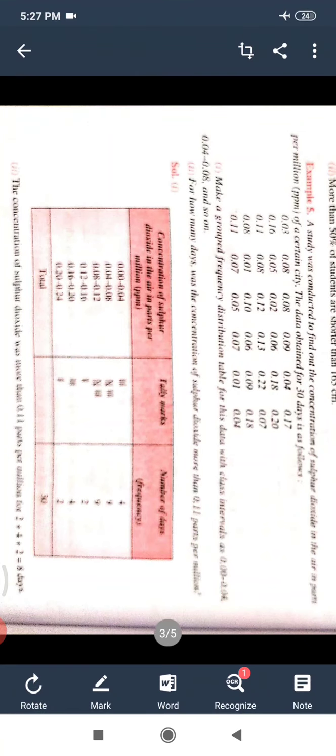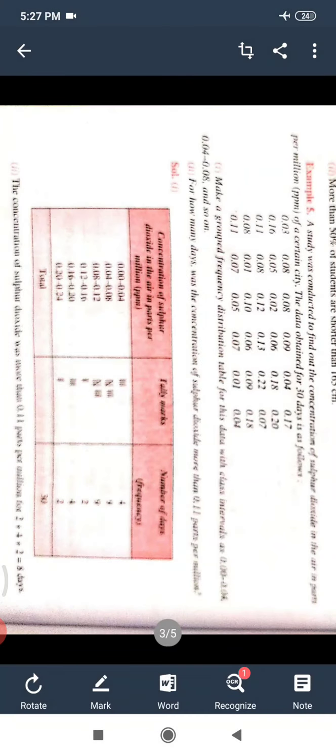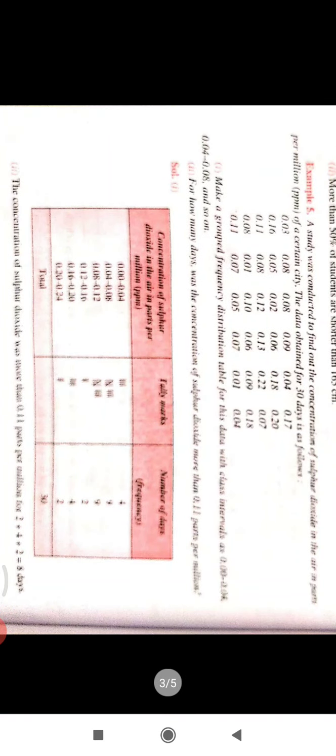Same thing for 0.12 to 0.16. You will obtain 2 numbers. Okay, so make frequency 2. In this way, for 0.16 to 0.20 you will obtain 4, and for 0.20 to 0.24 you will obtain 2.